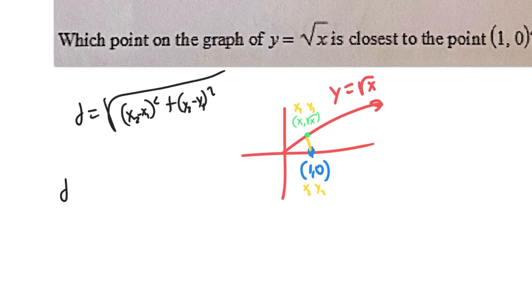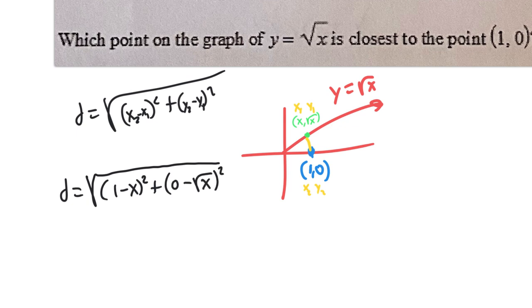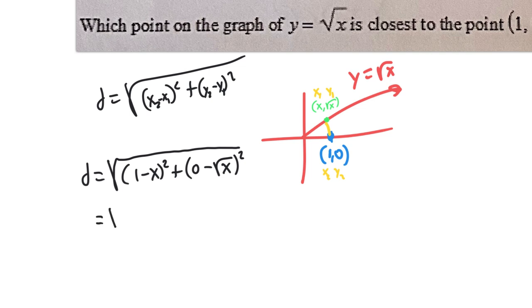So when you fill that in, you are therefore dealing with 1 minus x squared plus 0 minus radical x squared. Cleaning that up gives you, well, foiling the first thing would be 1 minus 2x plus x squared.